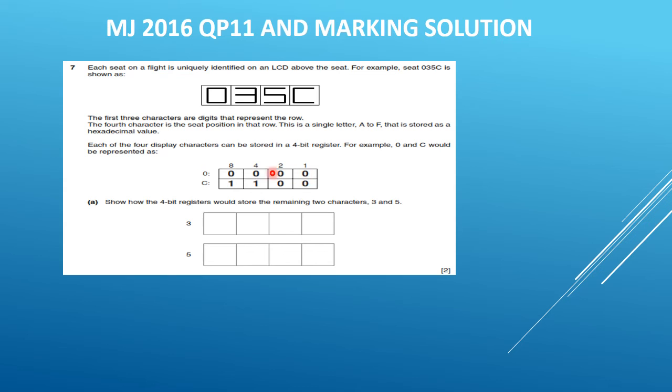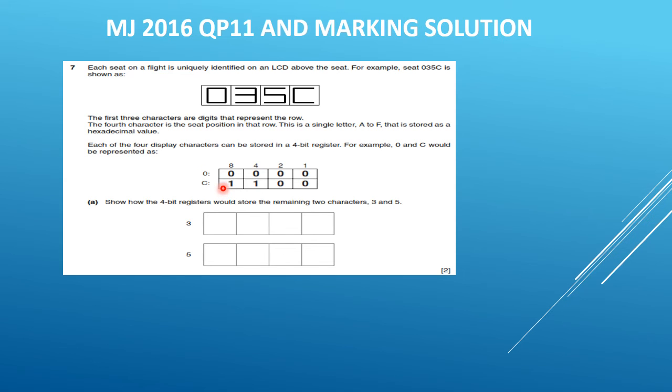As in the first row we want 0, so all the bits will be 0. While in the second row we want C. C in hexadecimal is equivalent to 12. So to make the value 12, we need to turn on the bits whose binary notation when added together gives us the value 12.